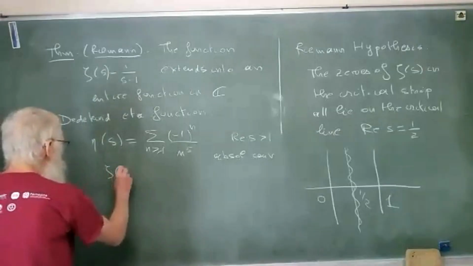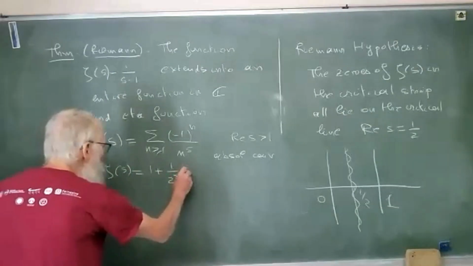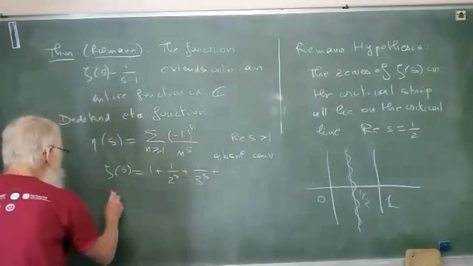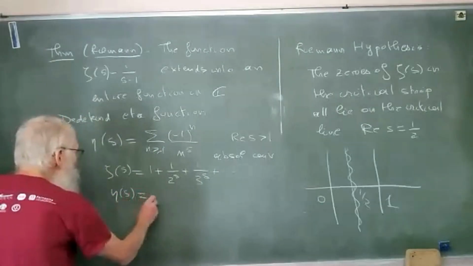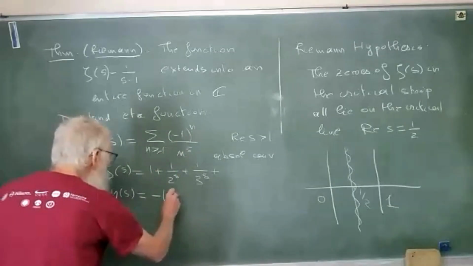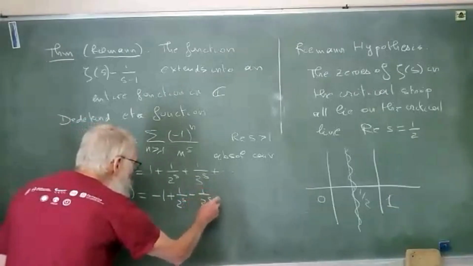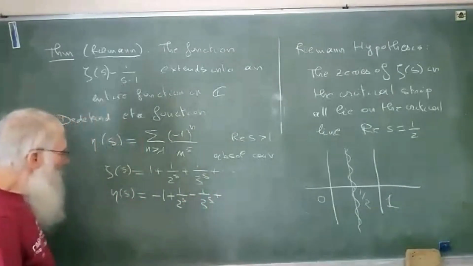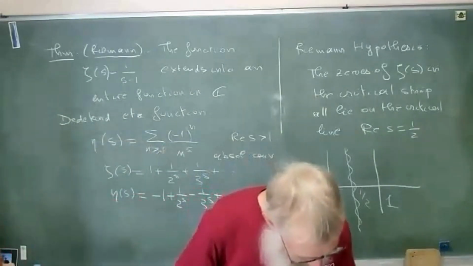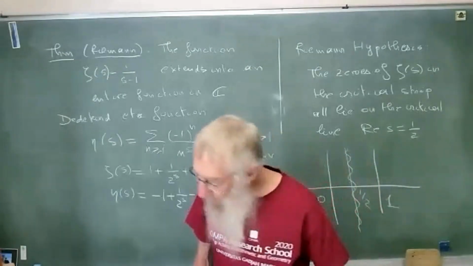In this case, zeta of s is 1 plus 1 over 2^s plus 1 over 3^s. And eta of s is -1 for n equal 1, plus 1 over 2^s, minus 1 over 3^s, plus and so on. And so it's something which we already did before, which is to take the difference zeta of s minus eta of s.